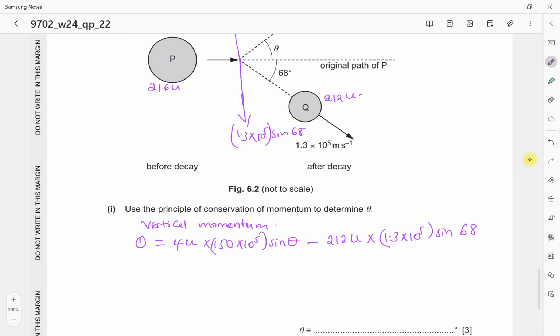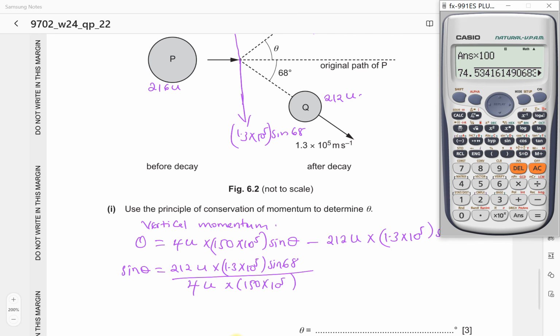So u cancels, and therefore sine theta is going to be equal to 212 times u times 1.3 times 10 to the power of 5 sine of 68 divided by 4 times u times 150 times 10 to the power of 5. So the power of 5 has cancelled, and u has cancelled.